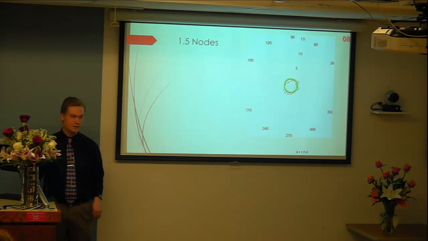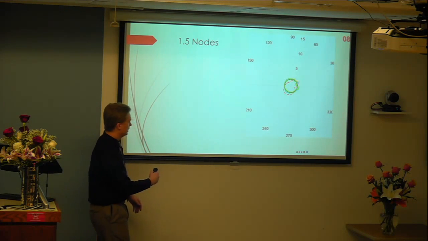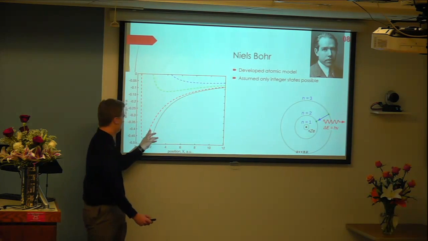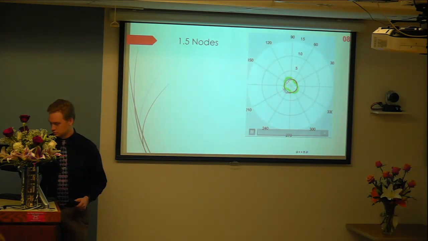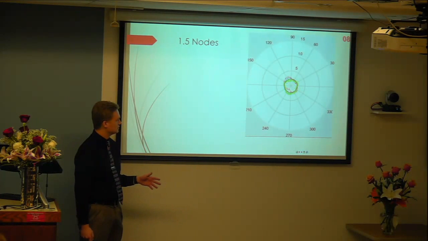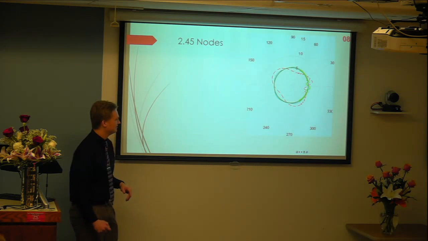This is just the angular momentum with the different amount of nodes. So this is 1.5. As you can see, it's not symmetrical, and there's a lot of noise, and it doesn't look good.